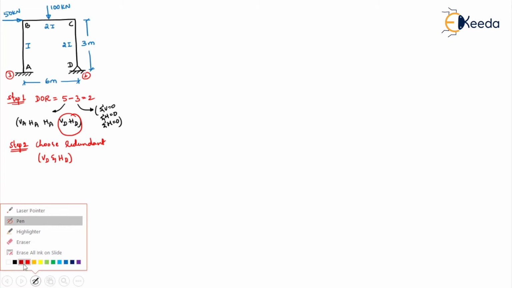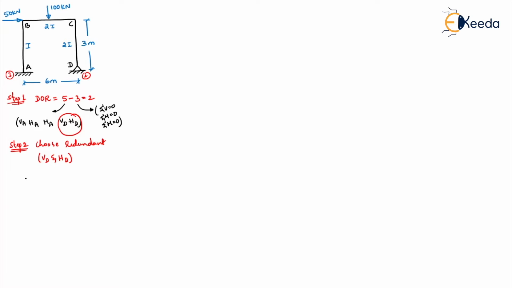So once you choose the redundant, you have to draw the basic determinate structure. Basically remove those two reactions to get the basic determinate structure. Okay, so how will your basic determinate structure look? This is your basic determinate structure. So hinge has two reactions, so we have chosen those two reactions as the redundant. So I'm basically removing that. So this is how your basic determinate structure looks.